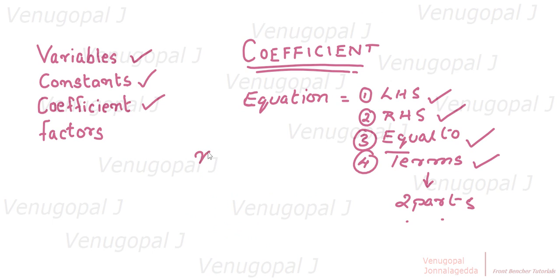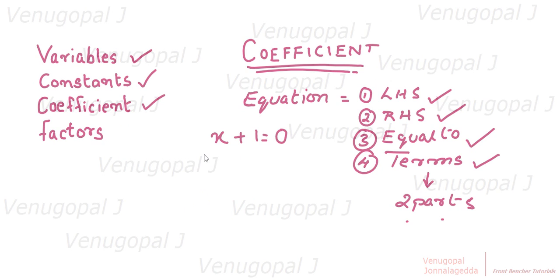If I write x plus 1 is equal to 0, and in this term we have a coefficient. Now I'll write the equation again: x plus 1 is equal to 0.